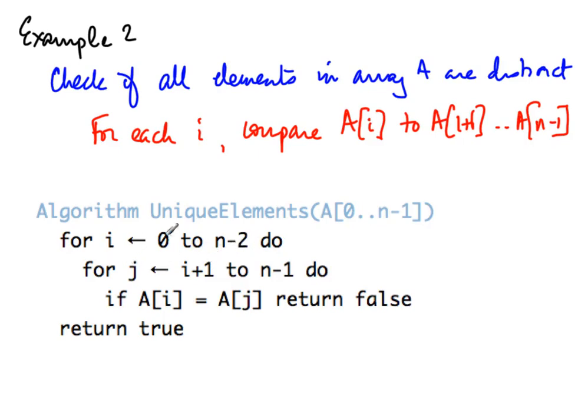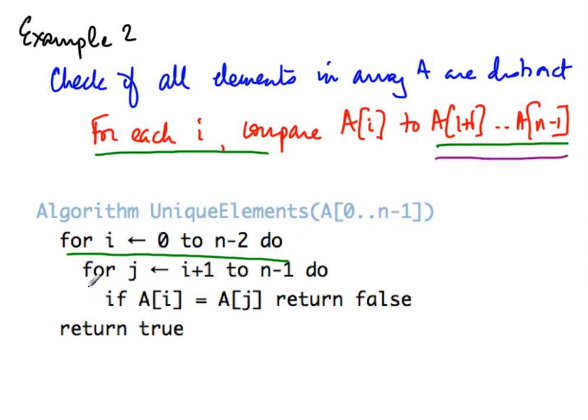This corresponds to the for each i. And now we want to go from i plus 1 to n minus 1. So basically for j equal to i plus 1 to n minus 1, and this is the second part of this. If you find A[i] is equal to A[j], then your answer is false. And at the end of this, if you have never returned false, then you return true.